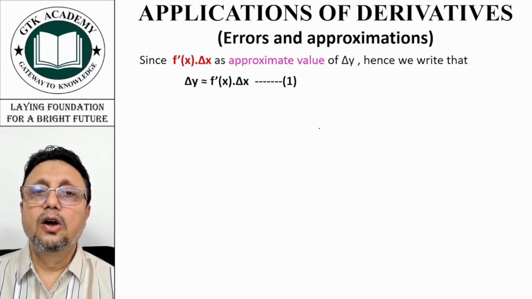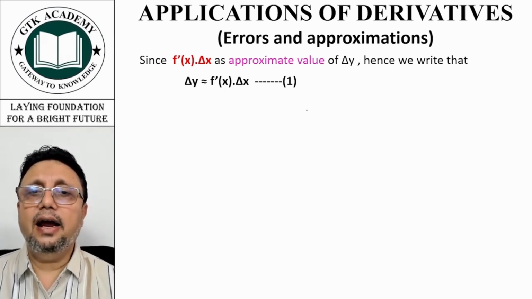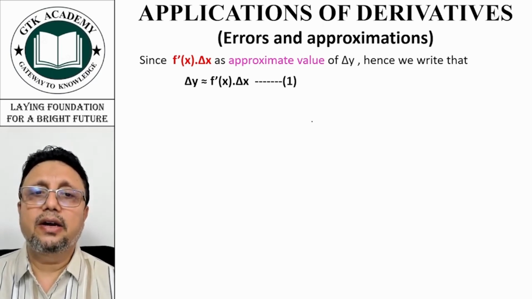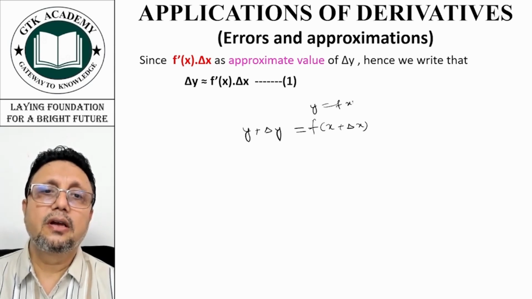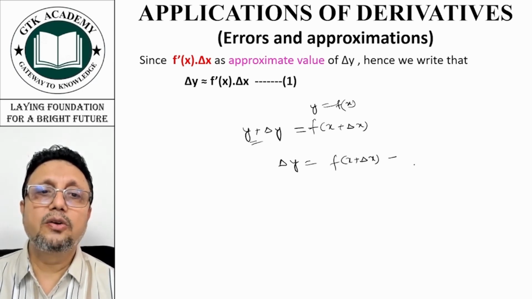First equation. Now what is the actual value of delta y? Now we told that f x plus delta x is equal to y plus delta y when y is equal to fx. That means delta y is equal to f x plus delta x minus y. Y is equal to fx.